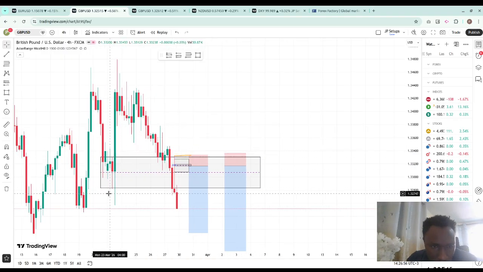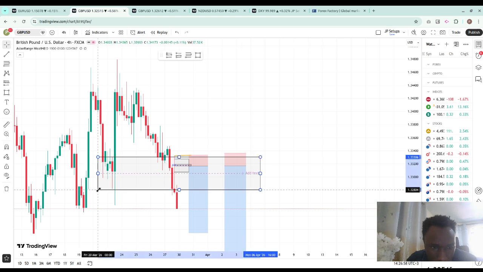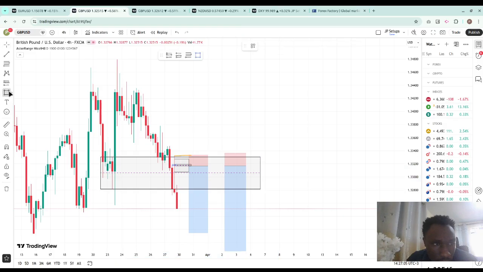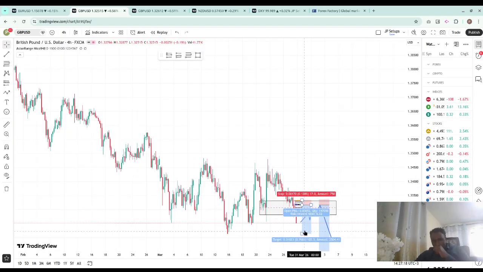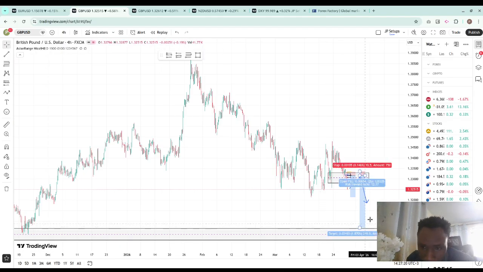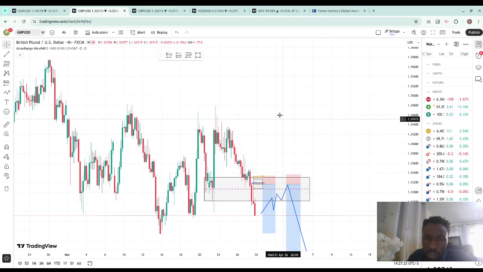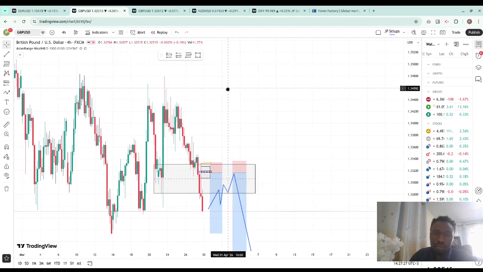Because this order block has been disrespected, there is a high probability that the market, if it pulls back, will want to retest the order block that was disrespected and then drop. So yeah, we'll see how it's going to work.